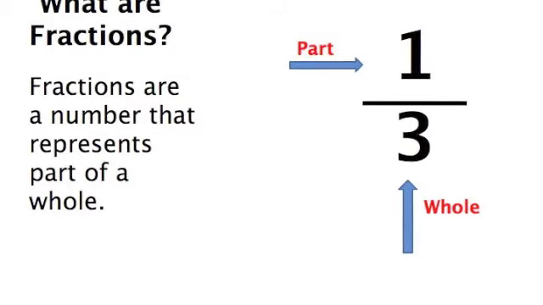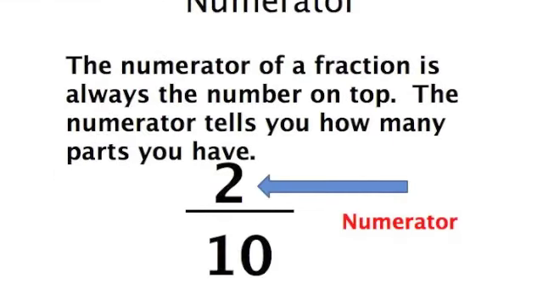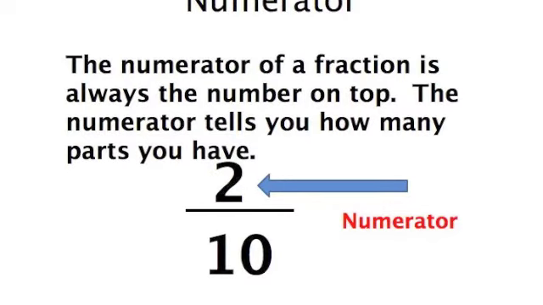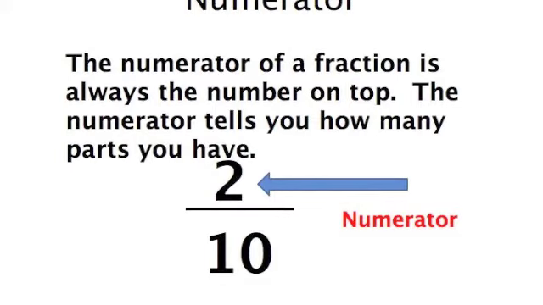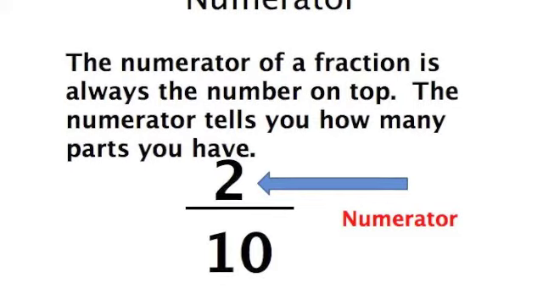So what is a numerator? We just saw that a fraction has parts to a whole. So our numerator is going to be the number of the fraction that is always on top. The numerator of a fraction is always the number on top. The numerator tells you how many parts you have.